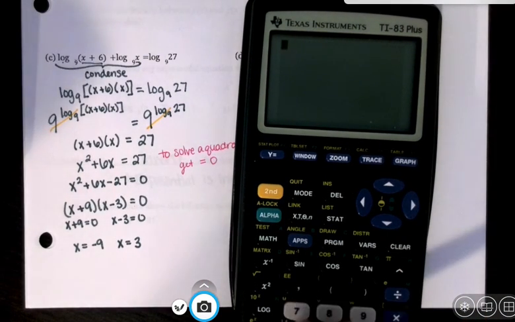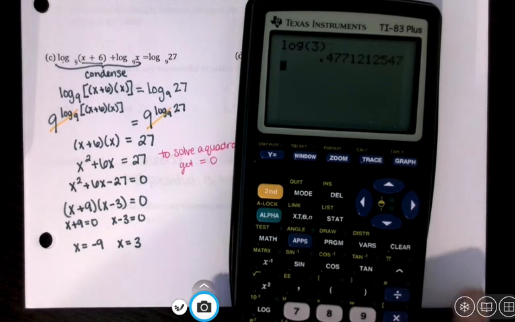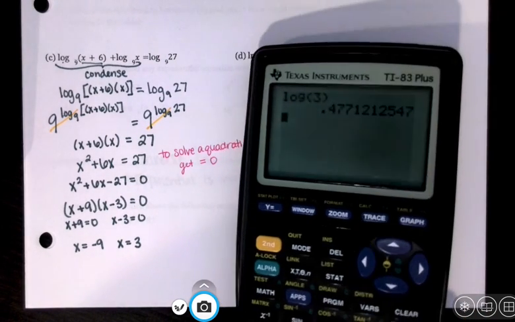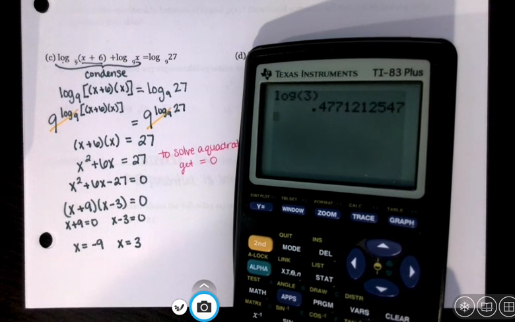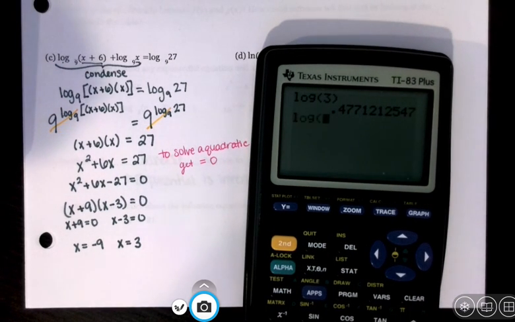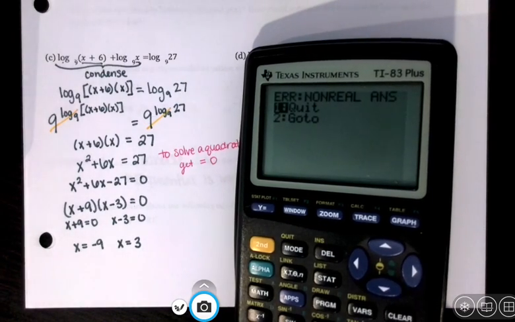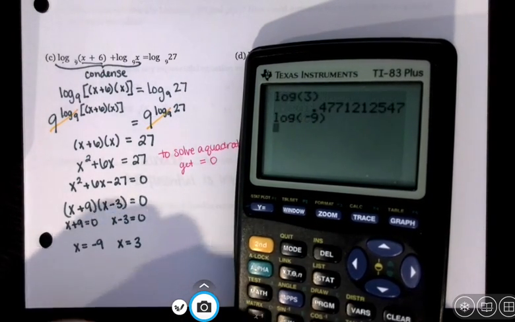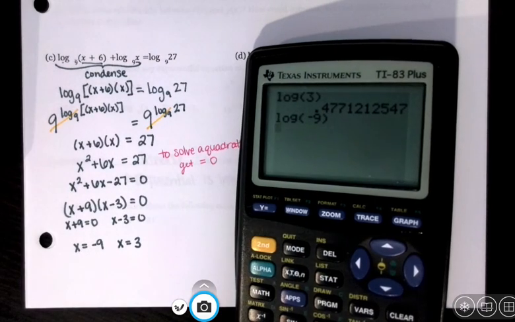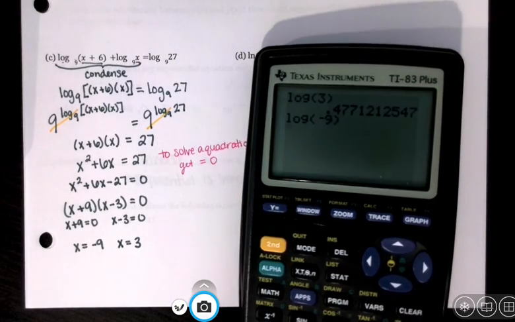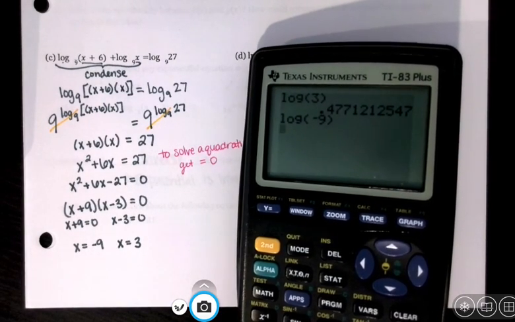If I do log of 3, so of the positive 3, and I hit enter, I get a decimal, and I would be able to round that. Now if I do log of negative 9 and hit enter, I get non-real answer. So you can see I did type in the negative 9. What that means is we cannot take the log of a negative number.